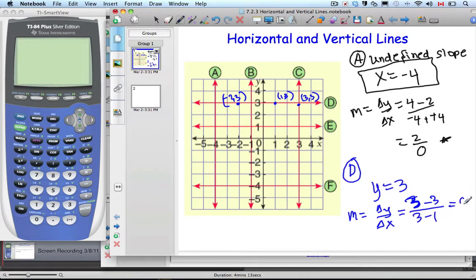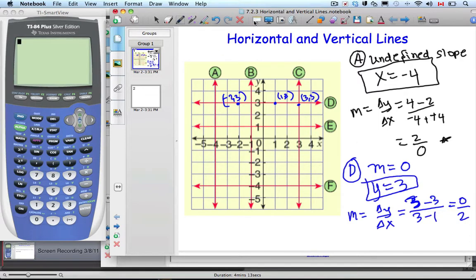So now I have 0 in my numerator and 2 in the denominator. So that's going to be just 0. So that means our slope is 0. Which again, if you're skiing on something like this, you're not going uphill or downhill. You're cross-country skiing with a slope of 0.